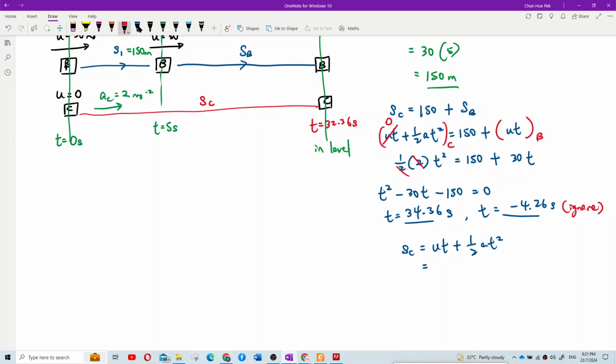The car is stationary initially, so half acceleration, the acceleration is 2, and then 34.36 square. So what answer do you get, class?